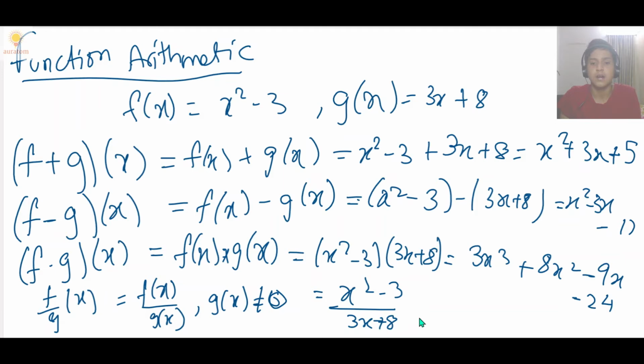So that means 3x plus 8 should not be equal to 0. Let's calculate the value of x when 3x plus 8 is 0. Then we'll exclude that value of x from the domain of this function, right? So let's do that.